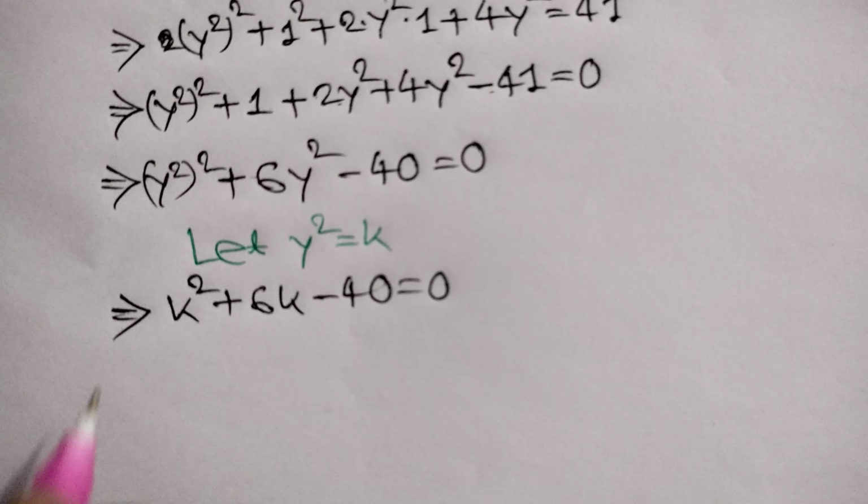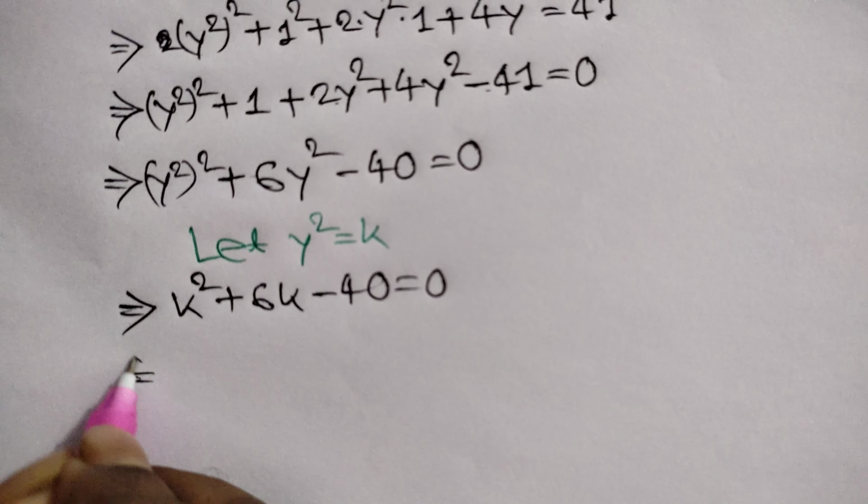Now here we can use middle term breaking rule. So we can write here k^2 + 10k - 4k - 40 is equal to 0. Now taking common k to first two terms, we will get k + 10, and taking common negative 4 to last two terms, we will get k + 10 is equal to 0.